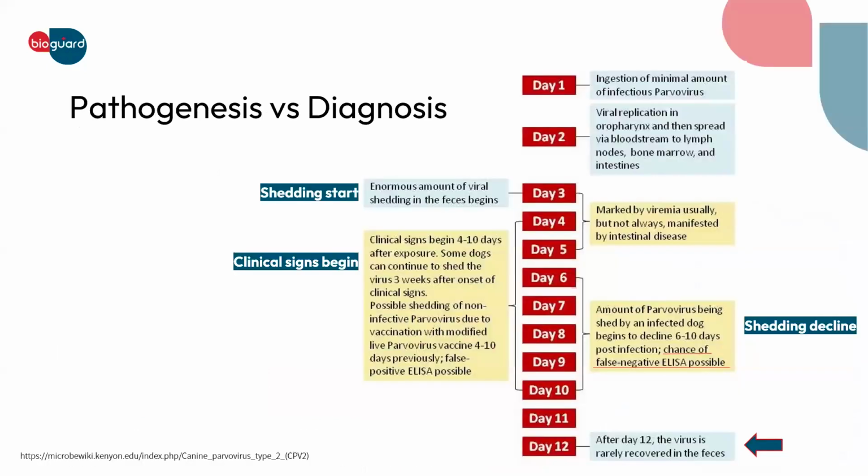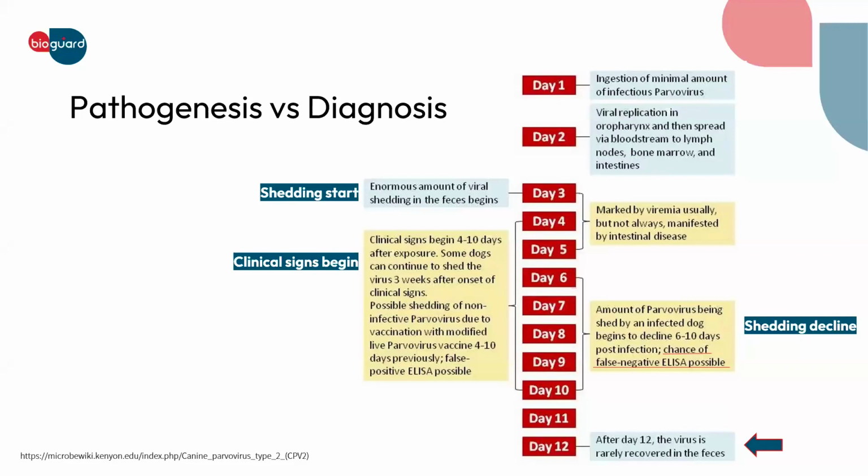So overall, when you combine the pathogenesis with the diagnosis, starting from day one, when the dog is initially exposed to the virus, after day 2 or from day 3, shedding will start in the feces.